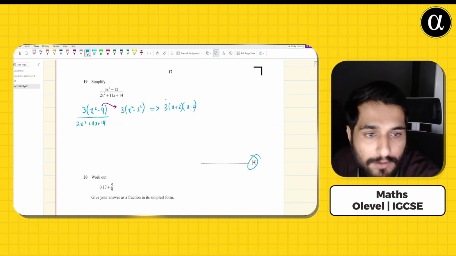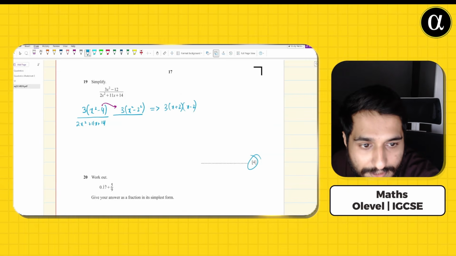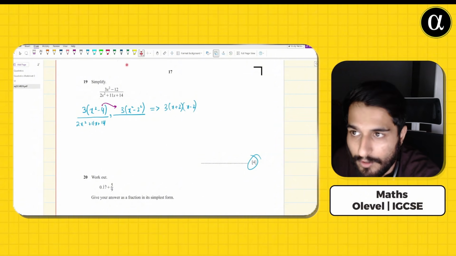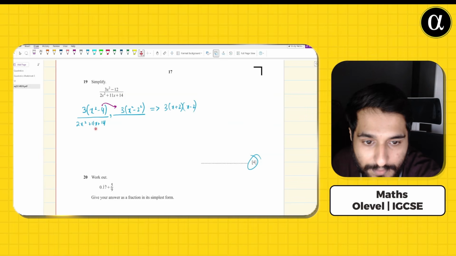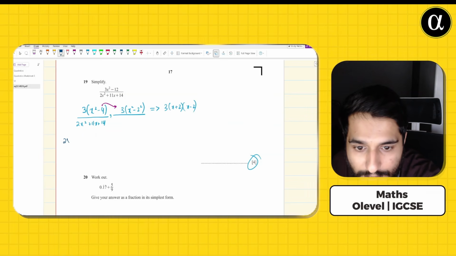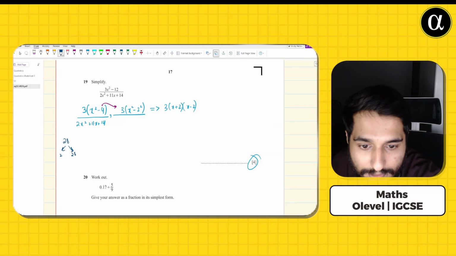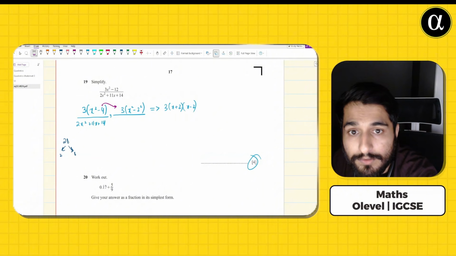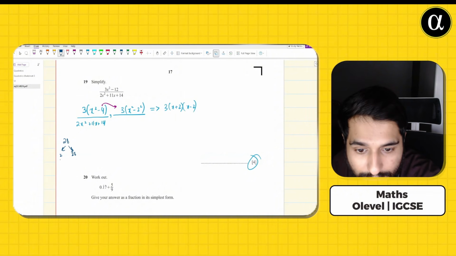Similarly, if I have a look at the denominator, that is going to be middle term breaking, or the factorization method. We multiply the first number with the third one, that is 2 into 14, which gives us 28. The factors of 28 are 2 into 28, or 7 into 4, or 4 into 7.